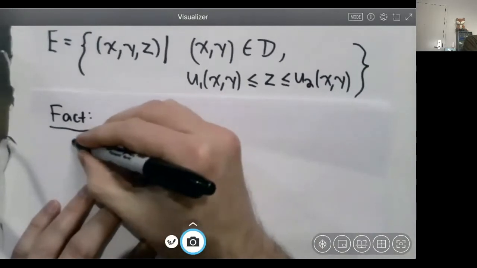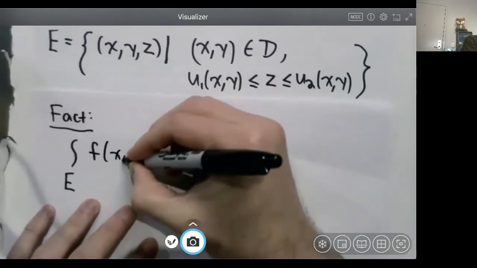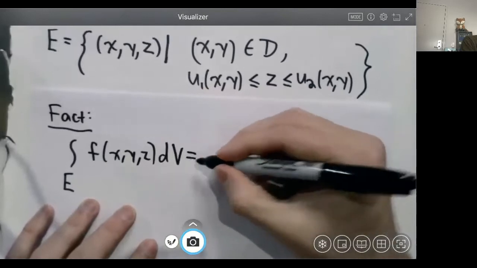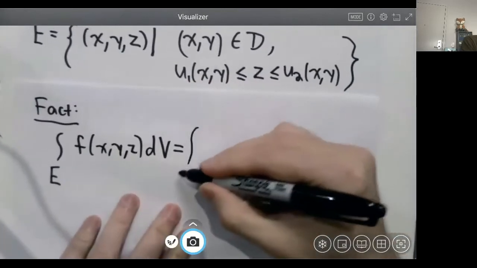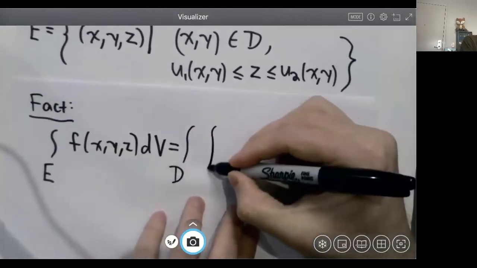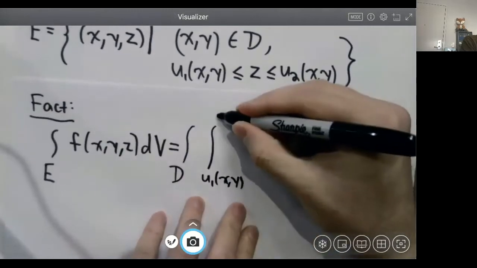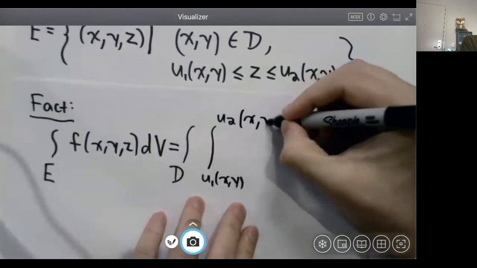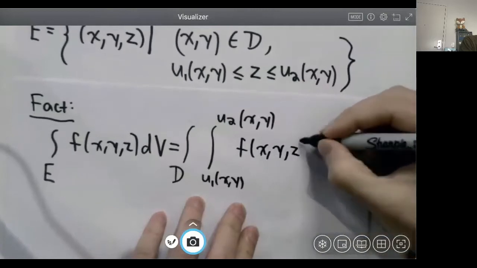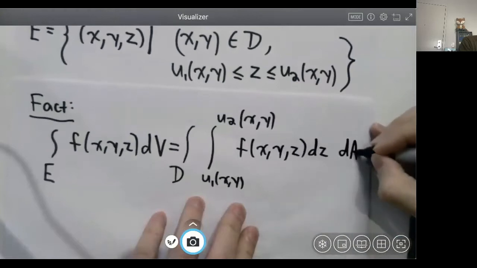The integral over E of a function f of x, y, z dV is equal to the integral over D of the integral from u1 of x,y to u2 of x,y of f of x, y, z dz dA.